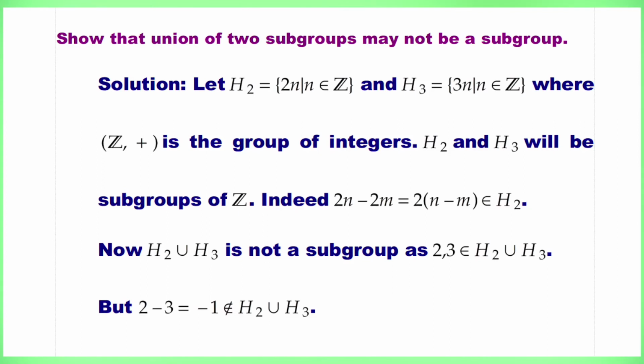So let H2 equal the set of all 2n such that n belongs to Z, and we take H3 to be the set of all 3n such that n belongs to Z. So we are taking 2 subgroups H2 and H3, where (Z, +) is the group of all integers, and H2 and H3 will be subgroups of Z. Now H2 union H3 is not a subgroup, because 2 and -3 will belong to H2 union H3, but 2 plus (-3) is equal to -1, which does not belong to H2 union H3, and therefore we can say that this is not a subgroup.